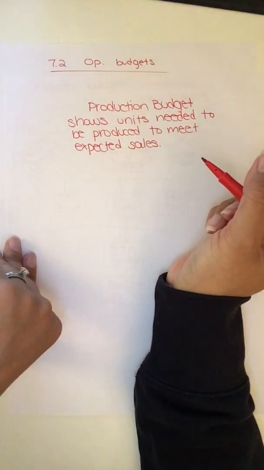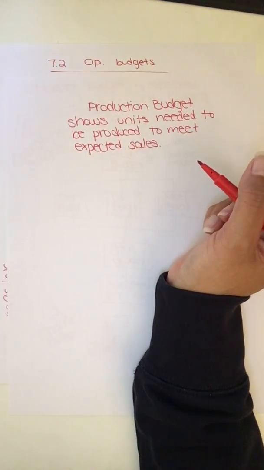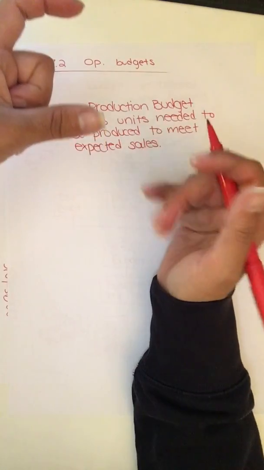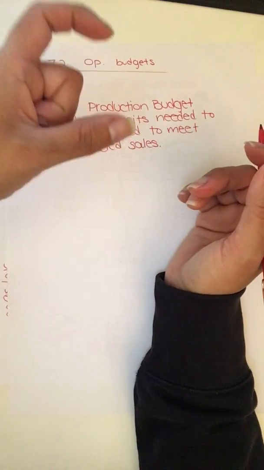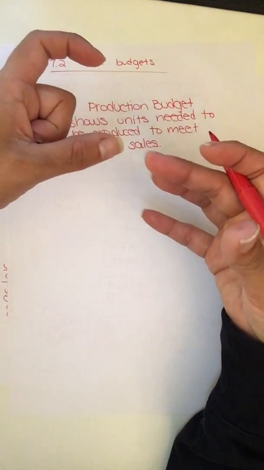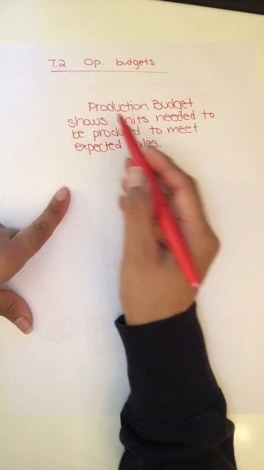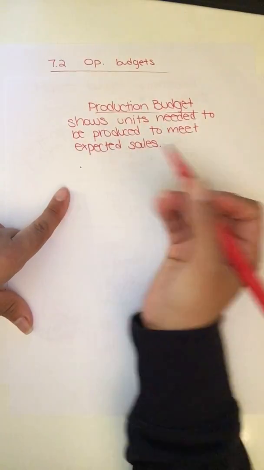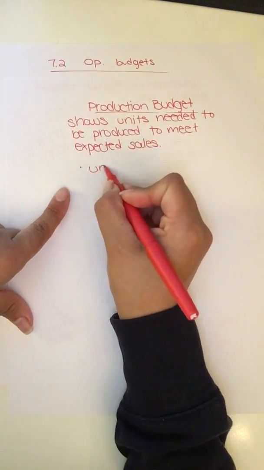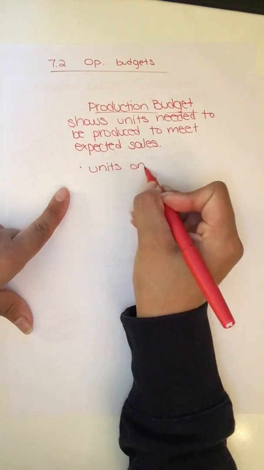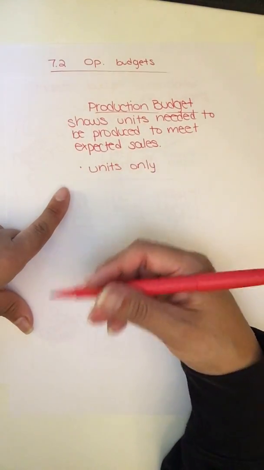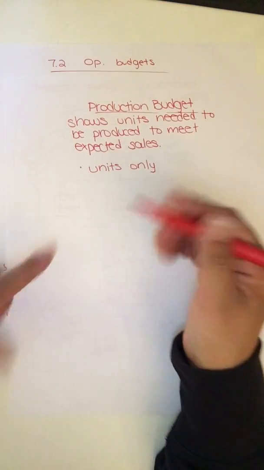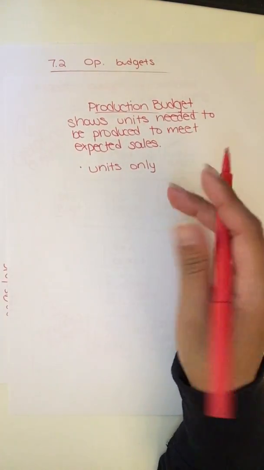Which is why the sales budget has to come first. Based on that sales, it drives everything else, right? This is how many units we expect to sell. Therefore, we need to produce that many units, right? So the production budget shows you that. Something to remember about the production budget, it's only expressed in units, so you're not going to see any dollar signs on here. That's a common mistake, is that students want to put dollar signs on there. It's a unit-only budget.